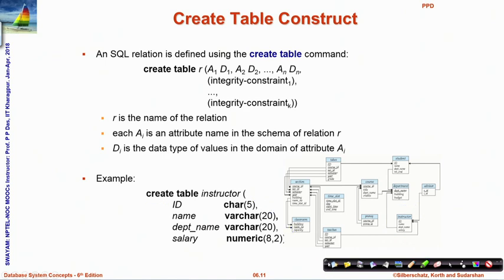So, this is the basic form of definition that we have for creating a table, defining a table or defining a schema. Now, we can add a number of integrity constraints to the create table. 3 integrity constraints we will discuss here.